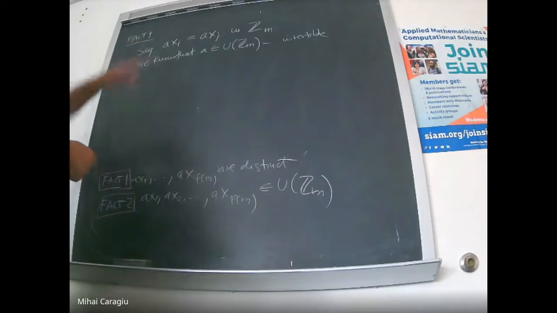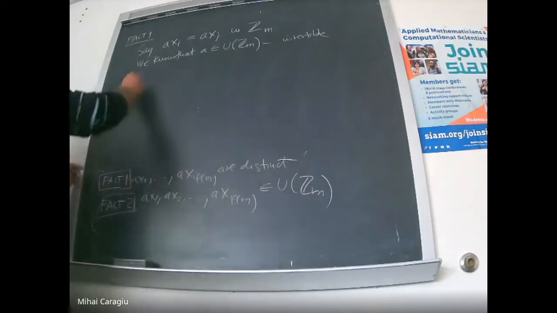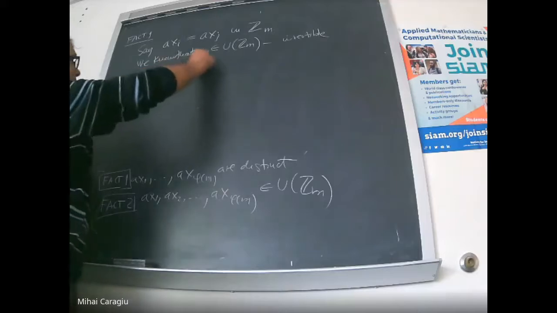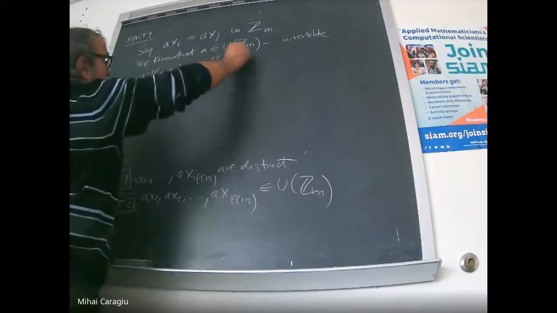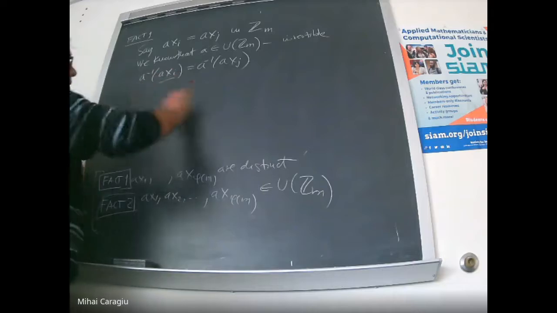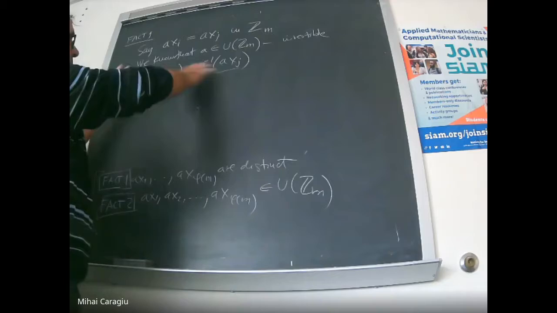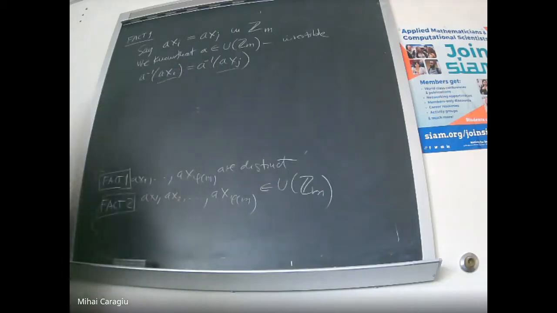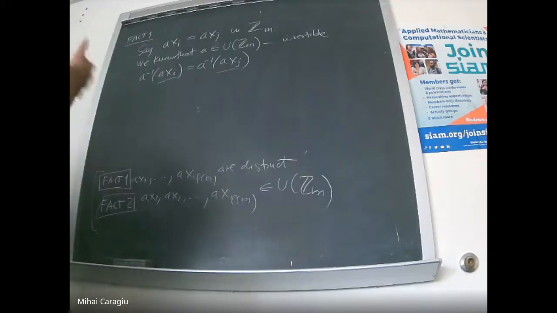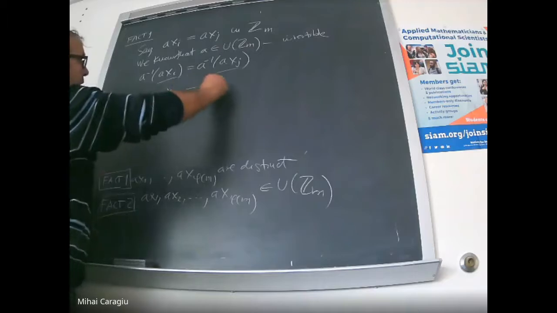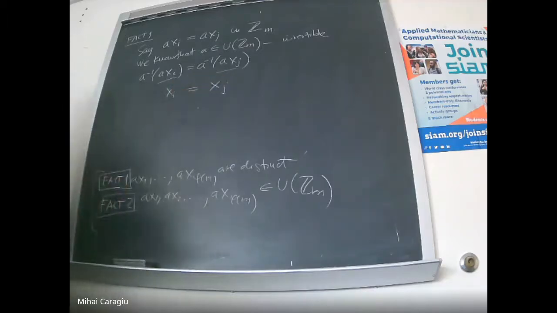So multiply this relation by the inverse of A. We get A inverse times Axi equals A inverse times Axj. Multiply both sides to the left by A inverse. Left or right doesn't matter because everything is commutative here, but it is still more visible. So it means xi equals xj, right?